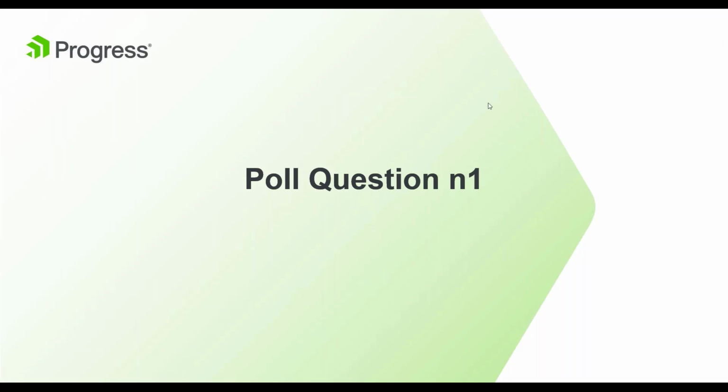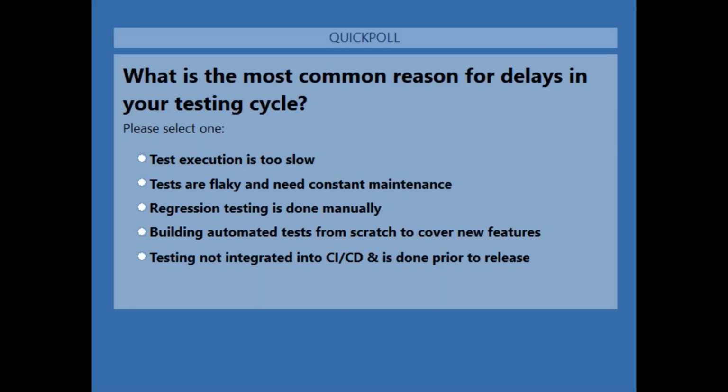Talking about those poll questions, let's start with the first one now. I'll give you guys something around 30 seconds or so to answer this poll question, and then we'll briefly discuss the results. Poll is open now. The question is, what's the most common reason for delays in your testing cycle? And I can see very interesting answers here.